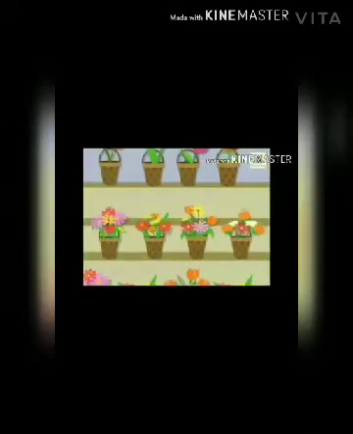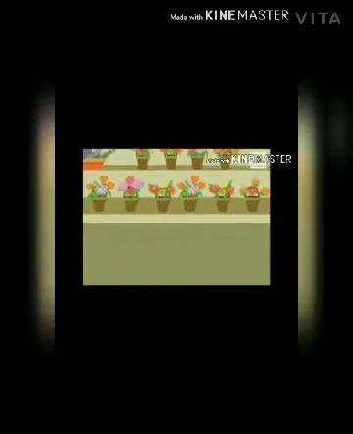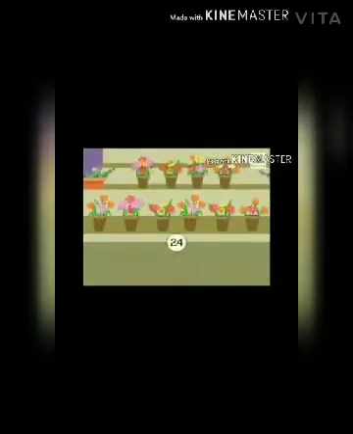But look here, there are 6 baskets and each basket contains 4 flowers. So, how many flowers are there altogether? 6 into 4 is equal to 24. There are 24 flowers in all.